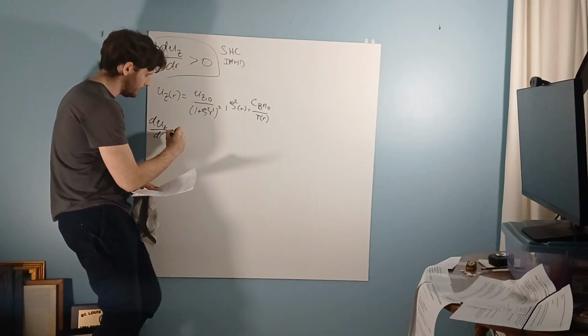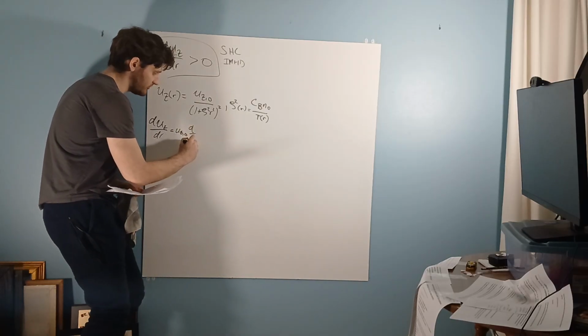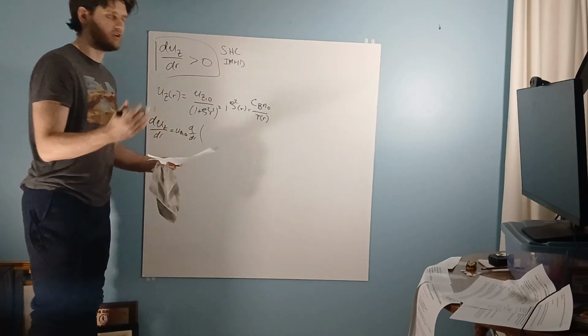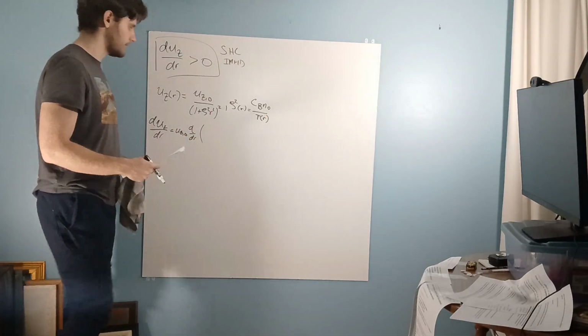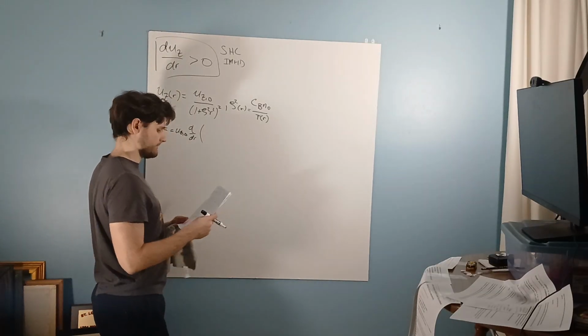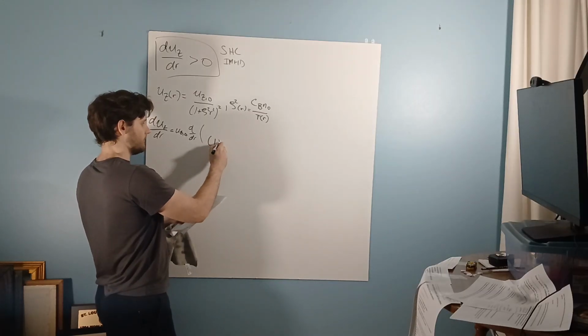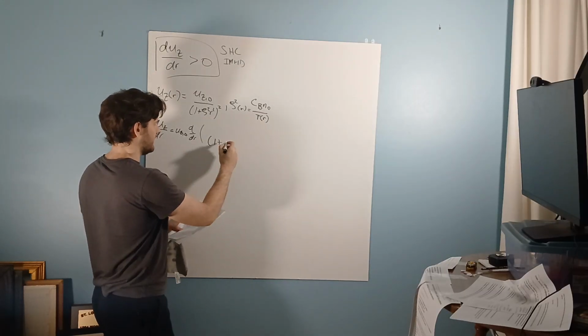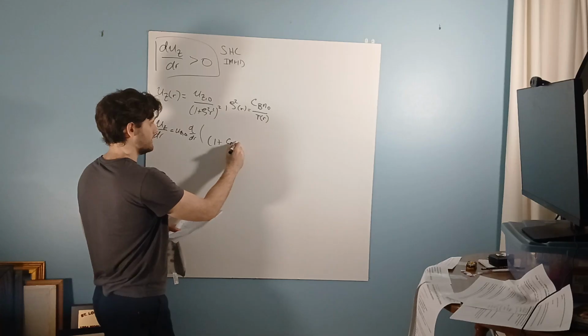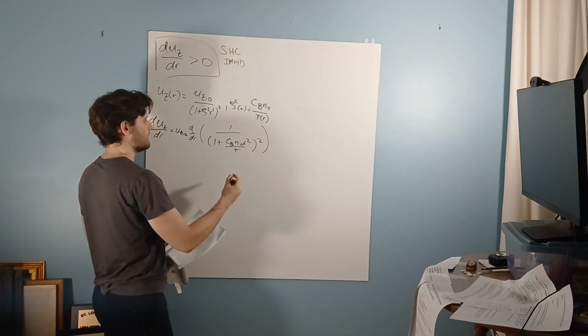So the derivative of this profile is u_z0, because that's just some constant that we're going to solve for later. And on the bottom, we just insert chi-squared: 1 on the top, over (c_v n_0 r^2 over T) quantity squared.